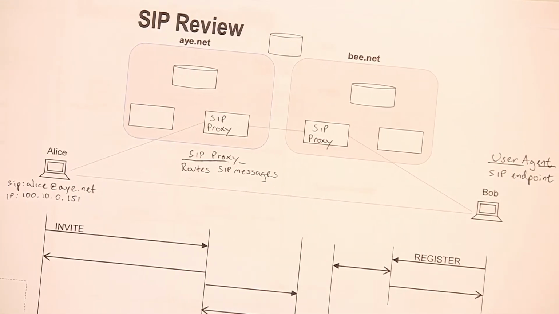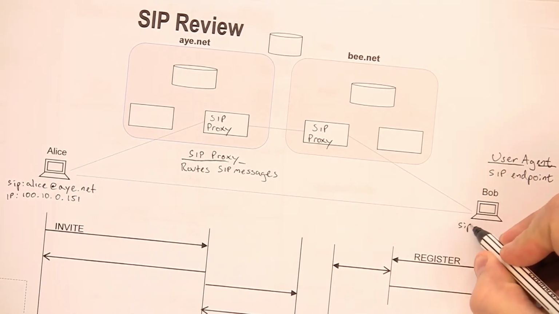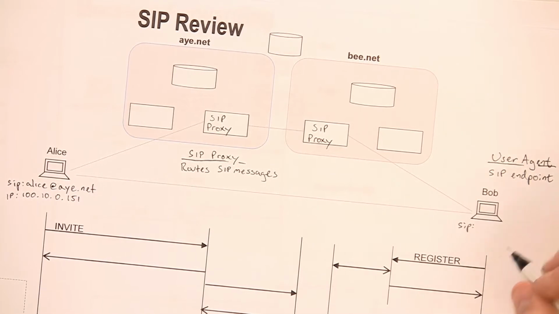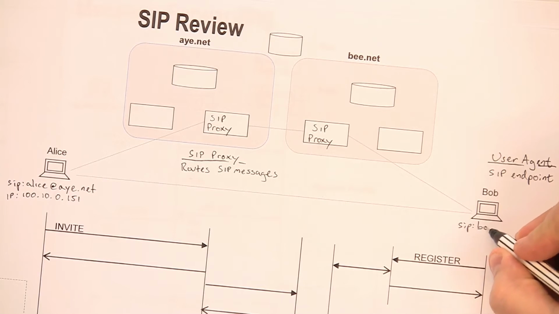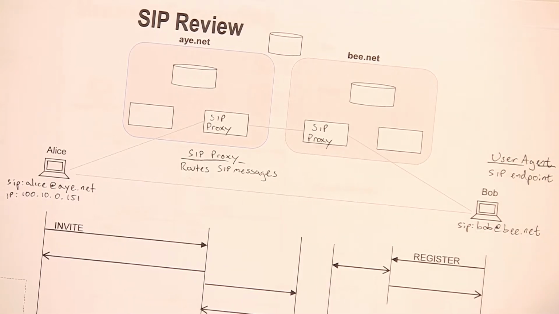Over here on the right side, we have Bob, and Bob also has a SIP address. It's SIP:bob@b.net.